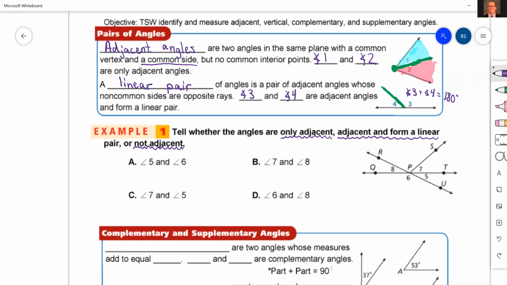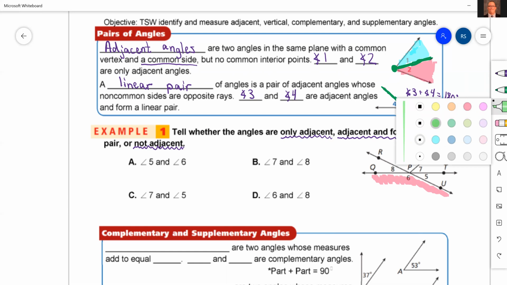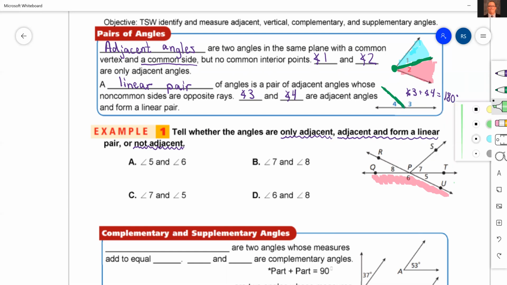So A asks us about angles 5 and 6. What I'm going to do is highlight each of the angles in different colors, so then we can make our decision based on what's highlighted. This would be a good strategy when you're doing your assignment or thinking forward to the future, even the test.